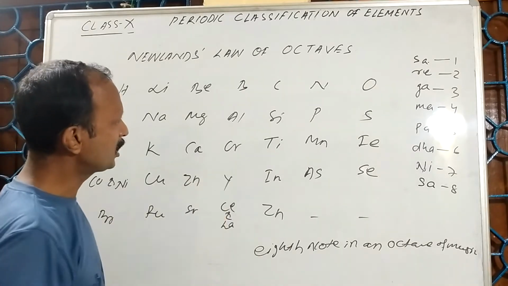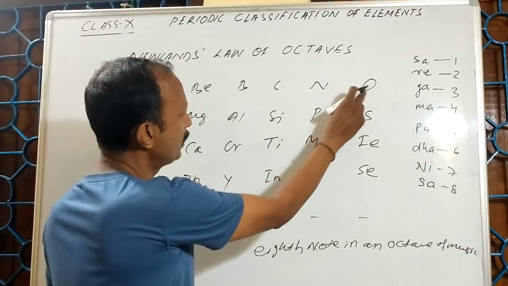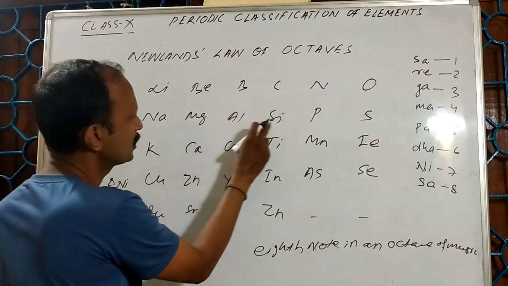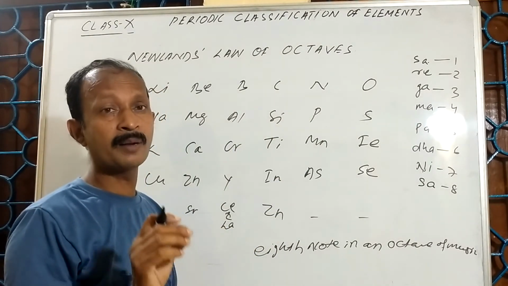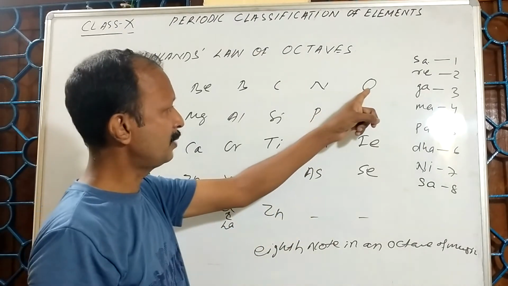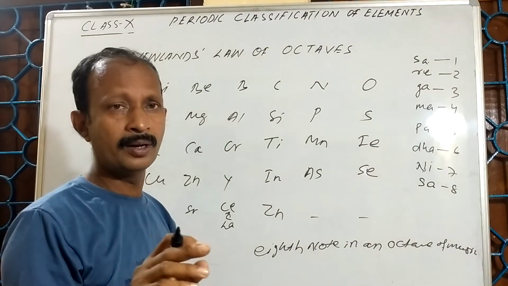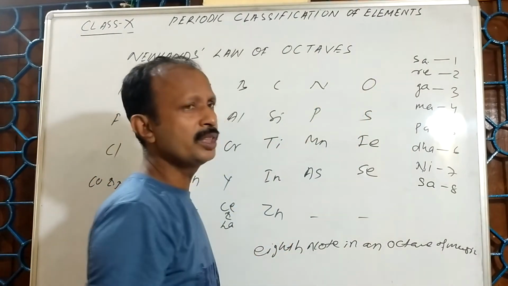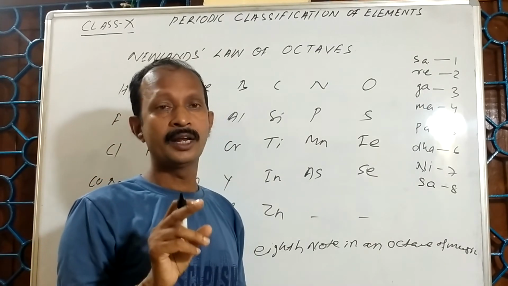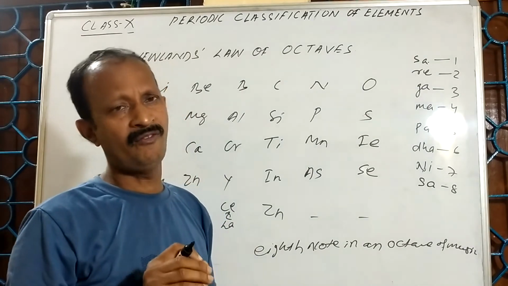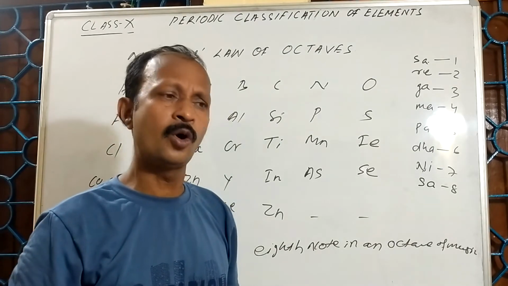So, if we start from nitrogen first, the 8th one will be phosphorus. That means nitrogen and phosphorus have similar properties. If I start from oxygen, the 8th one will be sulfur, which has similar properties to oxygen. That means every 8th one repeats its properties with the first one. This is the concept of Newlands law of octaves.